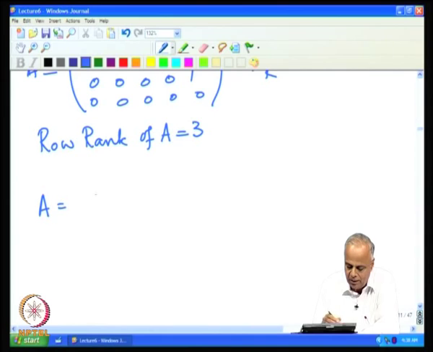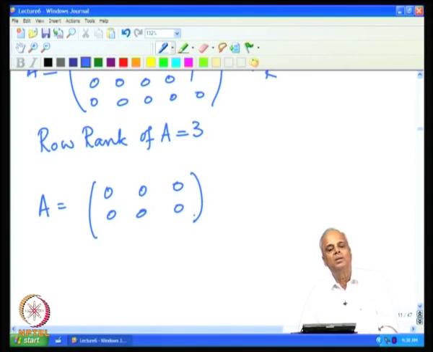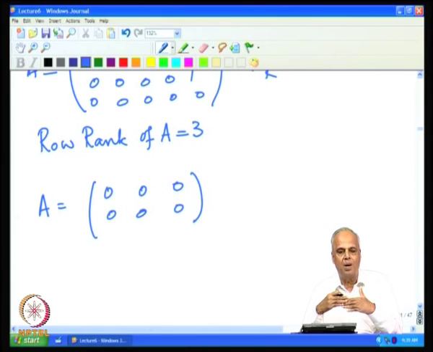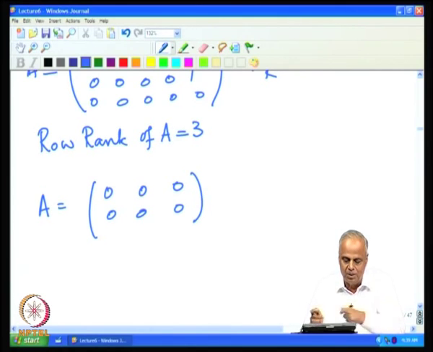Consider this matrix, which is the 0 matrix, 2 rows and 3 columns. Is it in row reduced echelon form? Yes, because what is the structure? All 0 rows must settle down, and if there are non-zero rows, they must come on top. There are no non-zero rows, all are 0 rows.